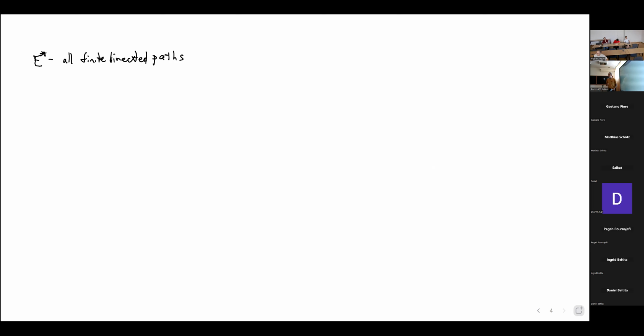So we think of concatenation of paths. That's really composition of morphisms.